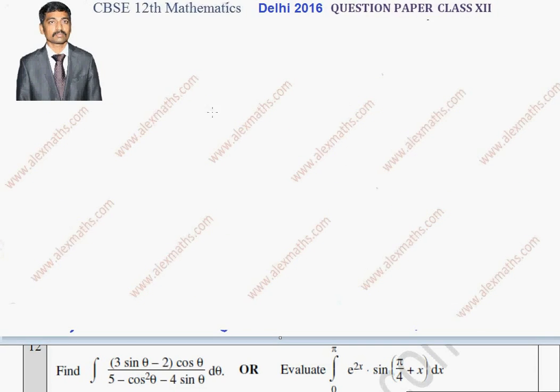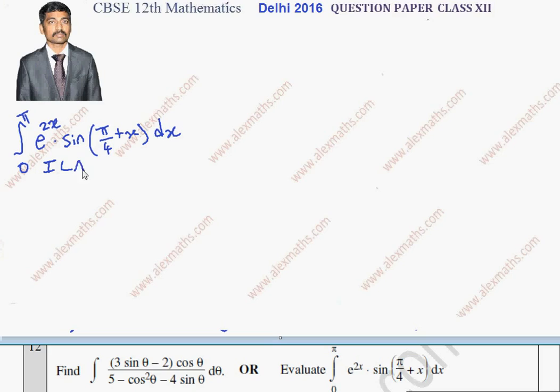Question number 12, R part, we have to integrate 0 to pi e power 2x into sin of pi by 4 plus x dx. We'll apply the ILATE method here. So exponential we have.